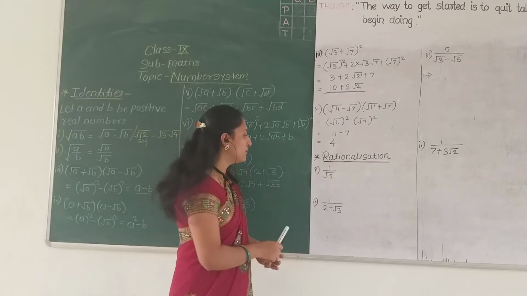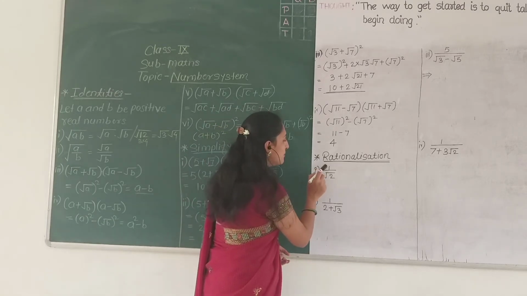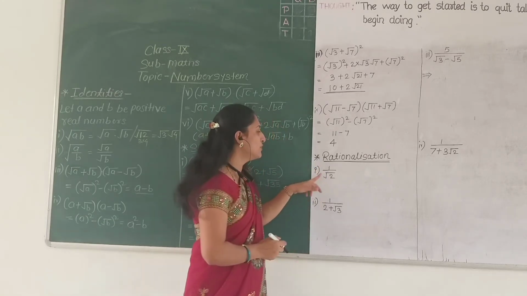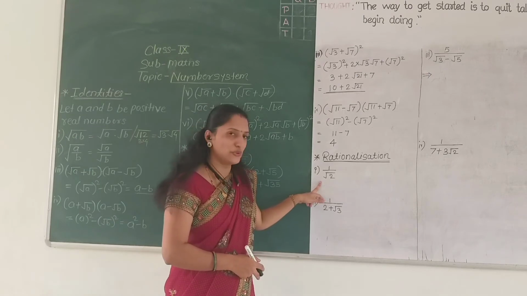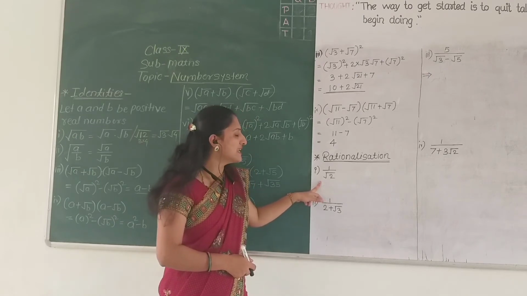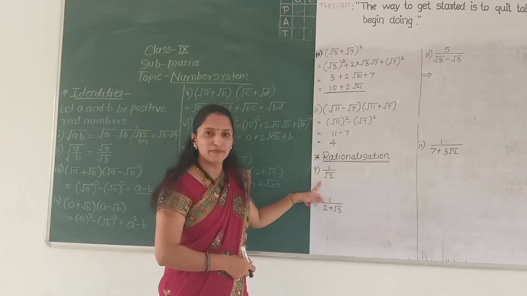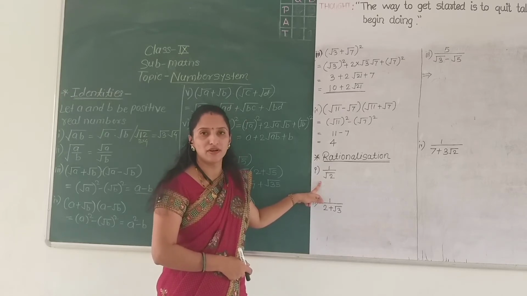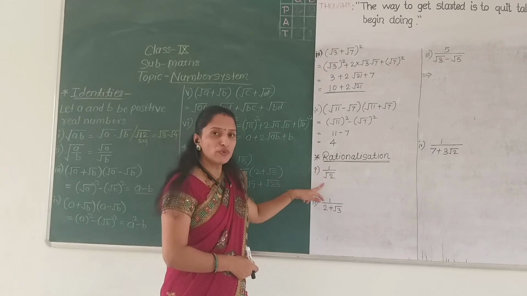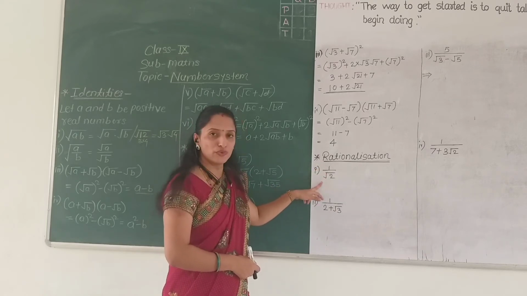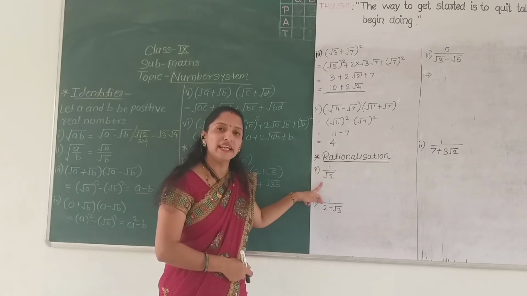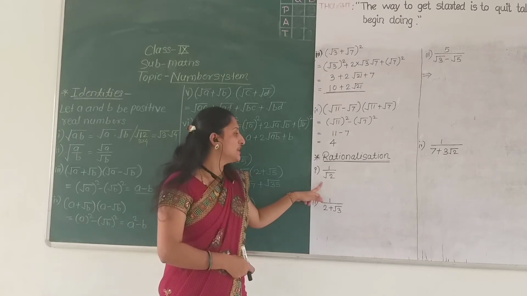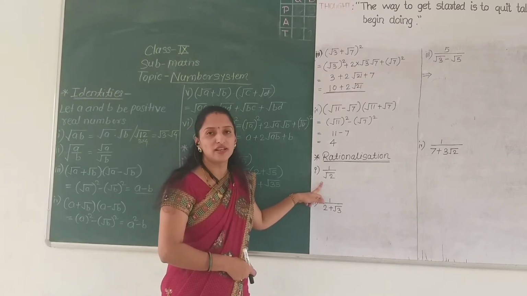Now we want to write this 1 upon root 2 as an equivalent expression in which the denominator is a rational number.